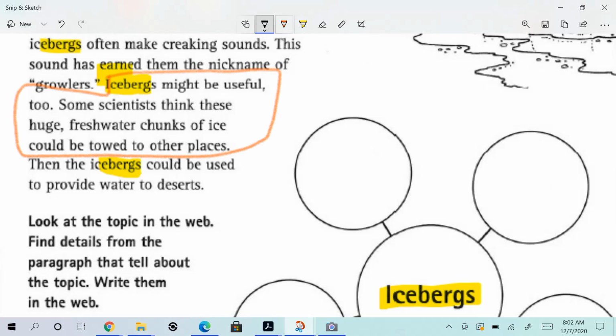So I would say scientists think they can be towed to use as fresh water for deserts.